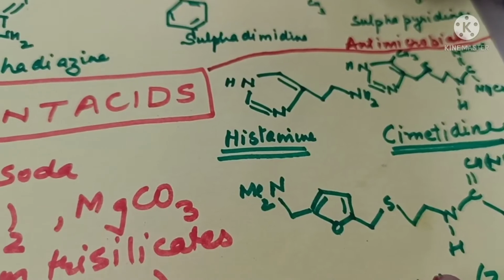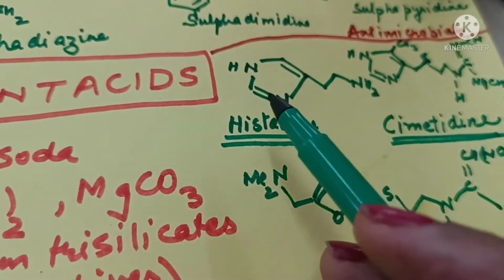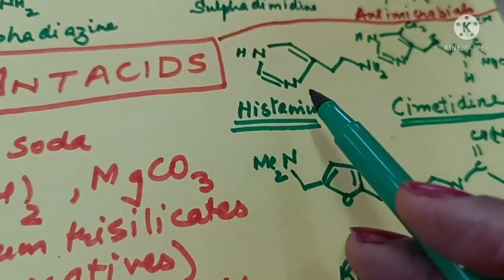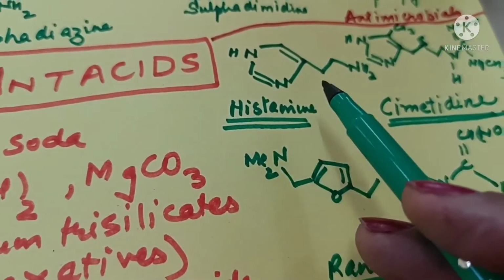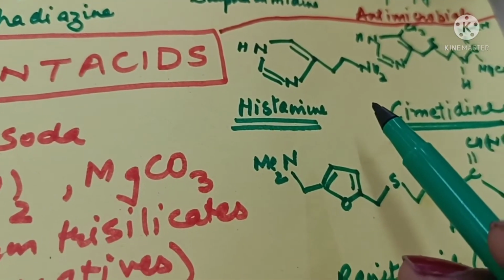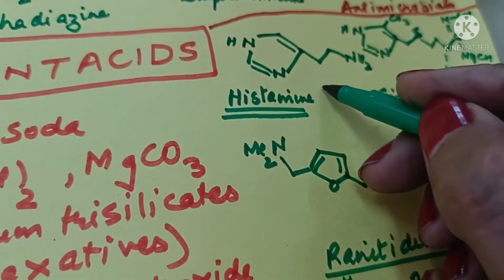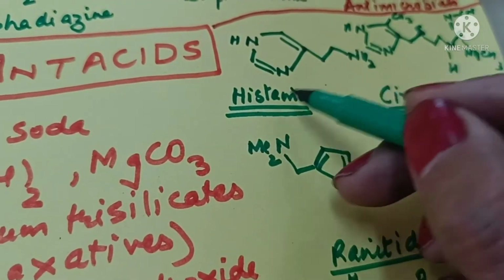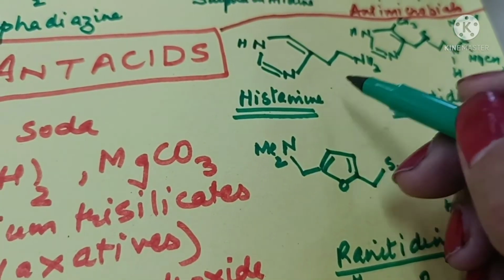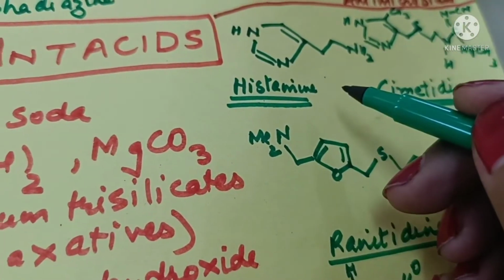A major advancement in the treatment of hyperacidity came when it was discovered that histamine stimulates the secretion of pepsin and hydrochloric acid in the stomach. When it interacts with receptors in the stomach wall, it will cause the secretion of acid.